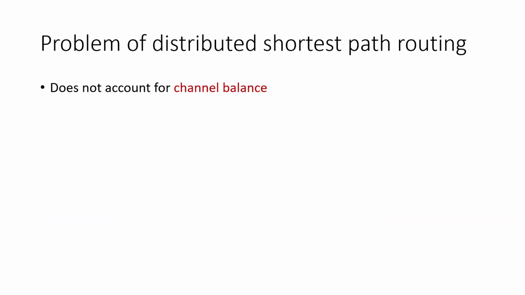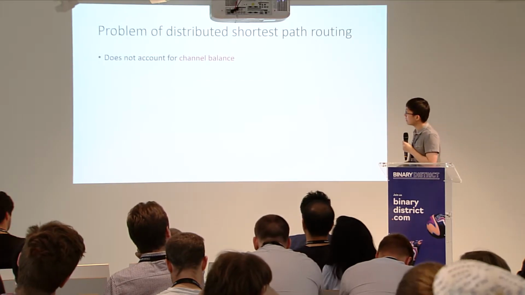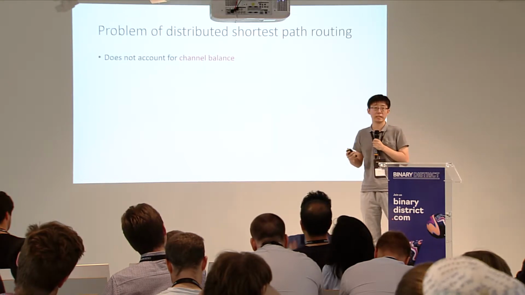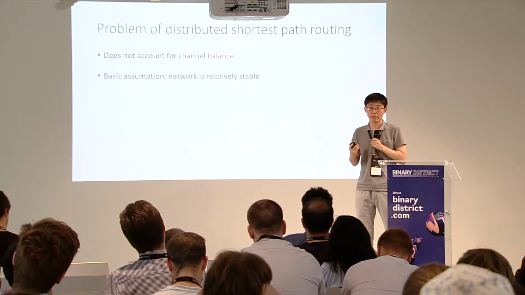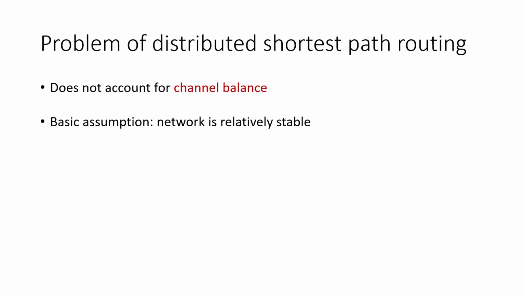So what does it mean? It means there are some serious problems with distributed shortest path routing. First, it does not account for channel balance, especially the channel balance change associated with each transfer. Actually, all distributed shortest path routing shares the same basic assumption: that the network is relatively stable. Of course, there are links that come and go, but still at a low frequency.